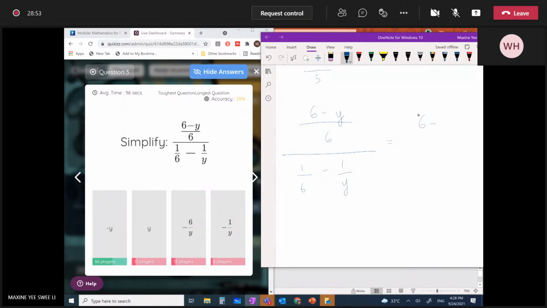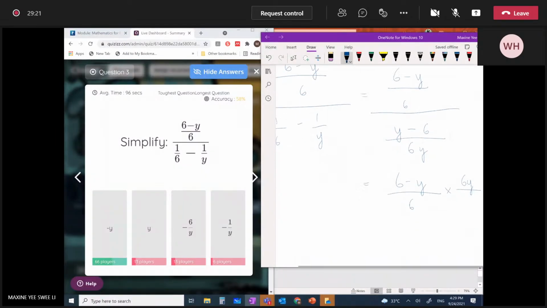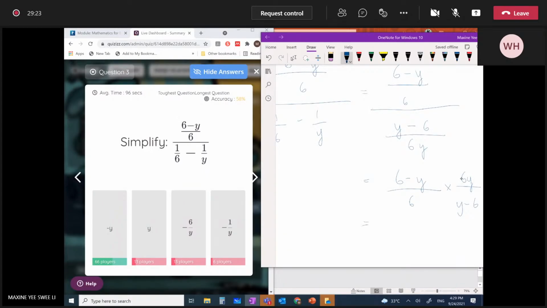You don't have to do anything to the numerator in this case, you just leave it. Combine your denominator, so you have y minus 6 over 6y. From here, multiply by the reciprocal of the denominator, 6y over y minus 6. Then cancel off whatever common terms you see, 6 here, 6 here.